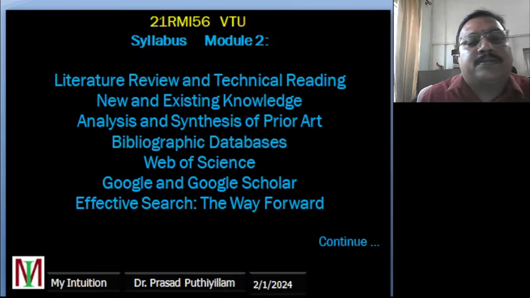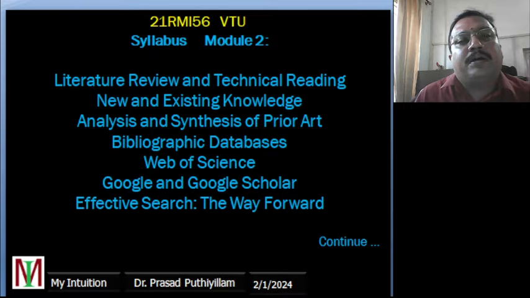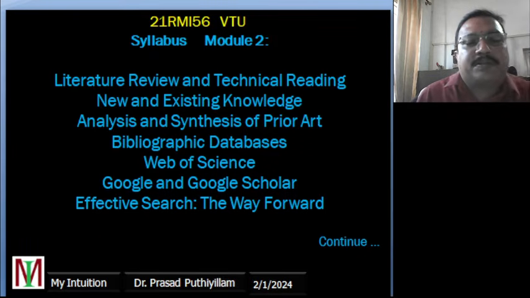Analyze and synthesis of prior art, that is understanding the information which is already published or available in the past, or the one which is already completed, so that from that we can create something new. Prior art means which is already present, published or available things.